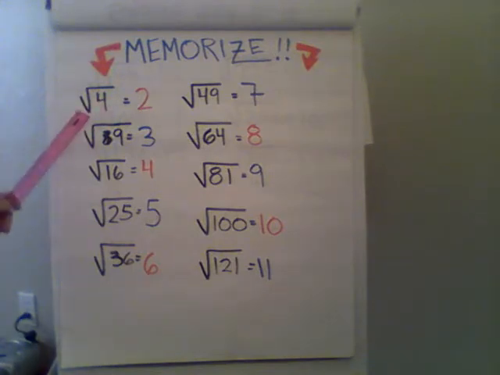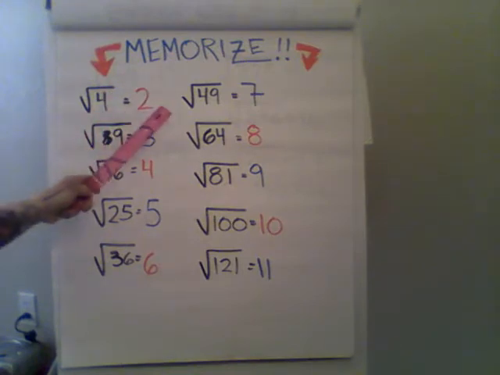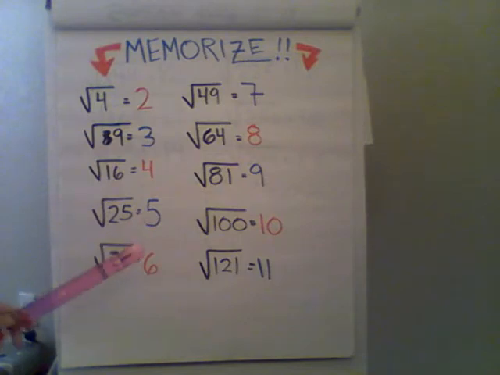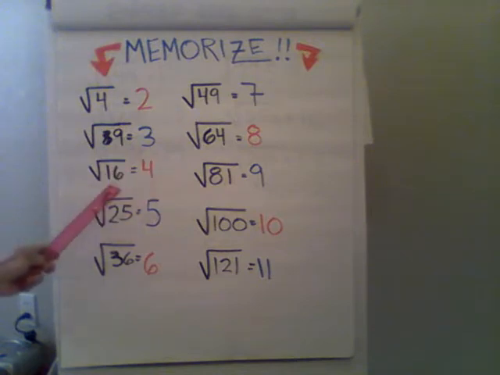The square root of 4 is 2. Why? Because 2 times 2 is 4. The square root of 9 is 3, because 3 times 3 equals 9. The square root of 16 is 4, because 4 times 4 equals 16. The square root of 25 is 5, and so on and so forth.